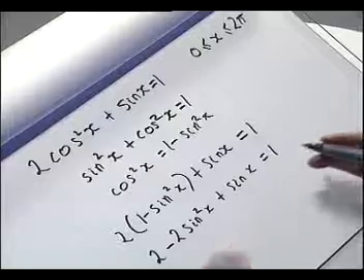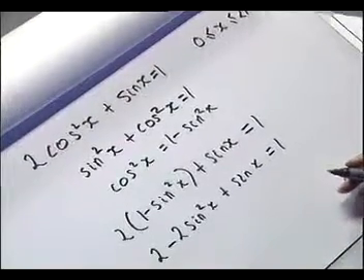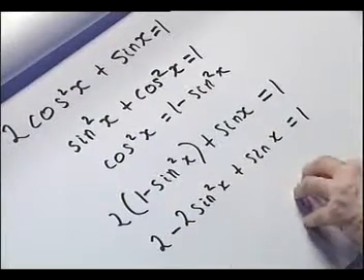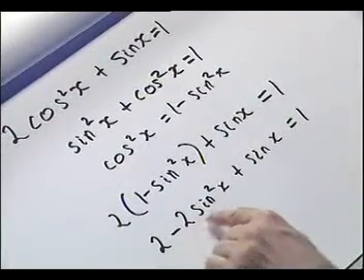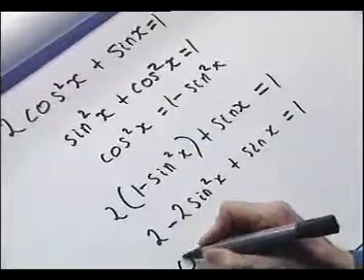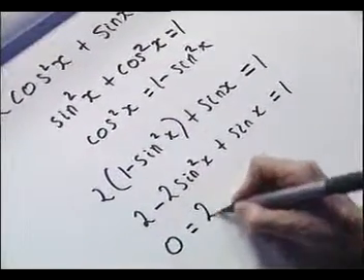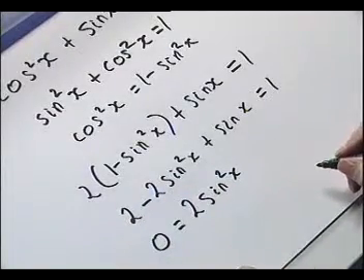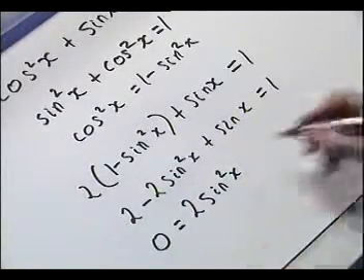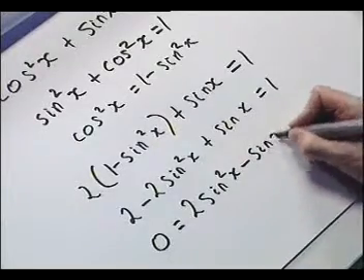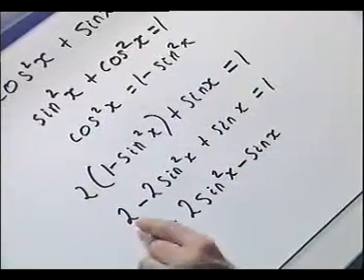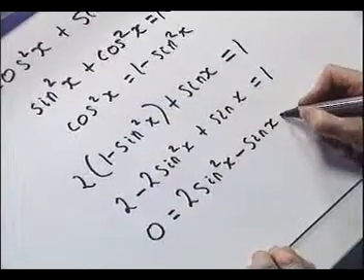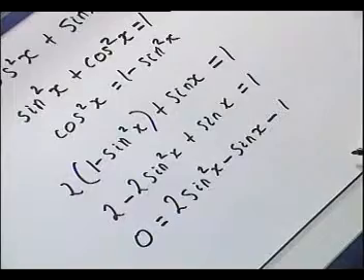And I want it as a quadratic, so I want positive square term and then the linear term and then the constant term. So I need to add this to both sides. So 0 equals 2 sine squared x, adding it to both sides. Now I need to take this away, minus sine x from both sides, and I need to take the 2 away from both sides. So 1 take away 2 is minus 1.